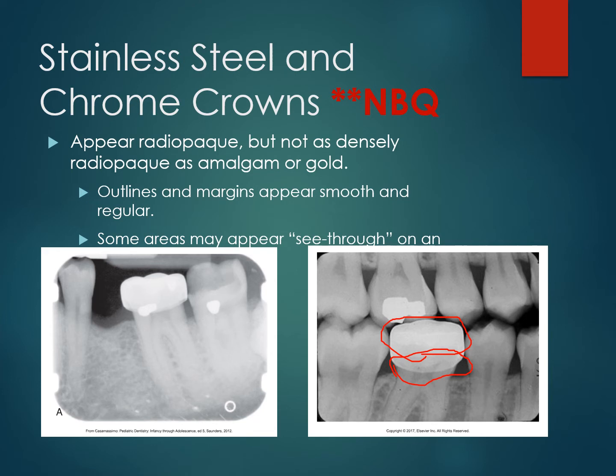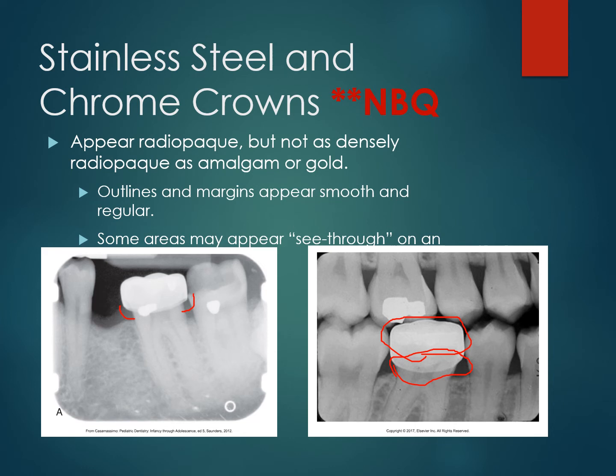And so with a stainless steel crown, just keep in mind that typically the margins are not made to contour to the tooth, so they're going to stick out a little bit, and it's going to look smooth, but that's because it's prefabricated. It's made before it ever even thought of going on a tooth. It's just made in the shape of a tooth, and when the dentist places it on a tooth, they don't actually contour it down to the tooth.